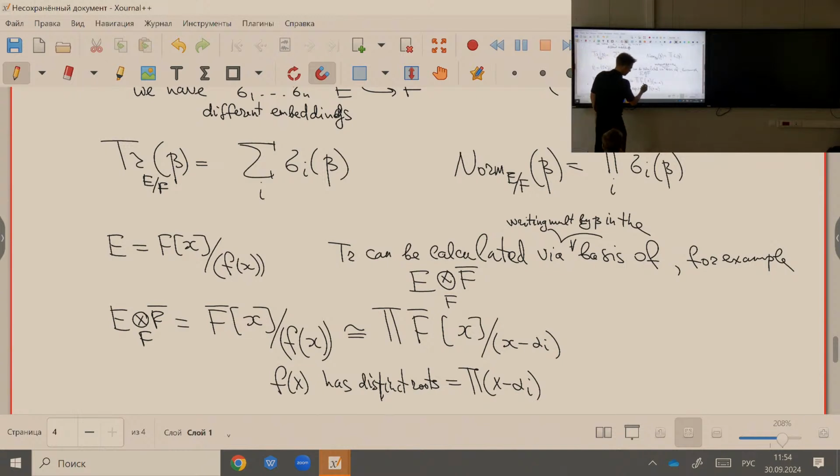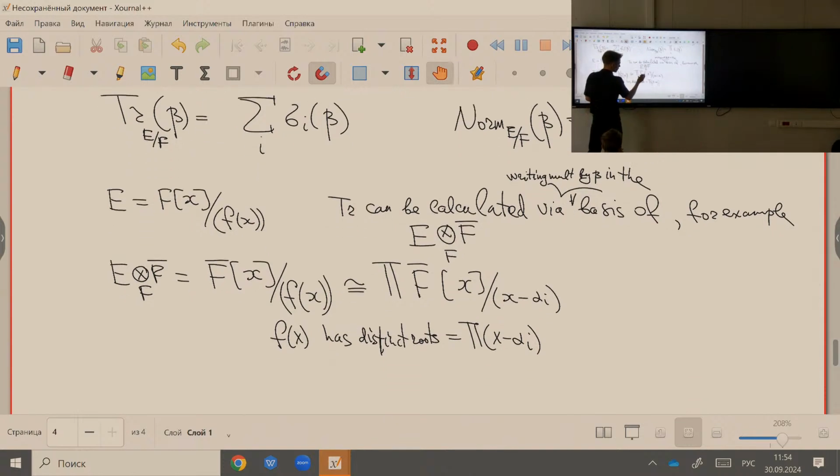So this is just the Chinese remainder theorem. It says that if you have pairwise coprime ideals... actually we shall formulate it later. For those who do not understand this equality, just take it as it is: this algebra is isomorphic to this product of algebras.